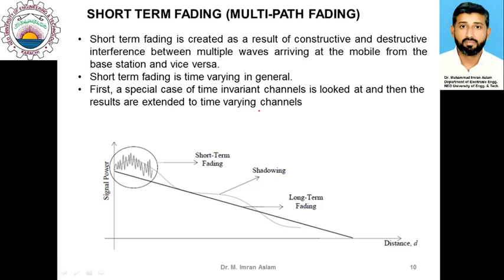As I mentioned, the most practical case for a wireless channel is a time varying channel, but for analysis purposes, the analysis of time invariance is relatively easier. So we start our discussion with the time invariant channel, and then we will talk about the effect of the time varying channel, and we will also discuss what type of parameters represent the characteristics of time varying channels.